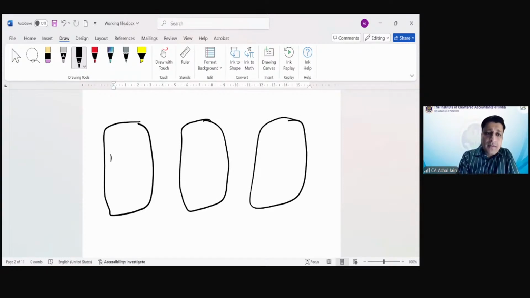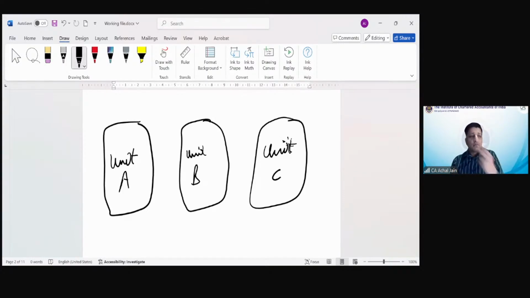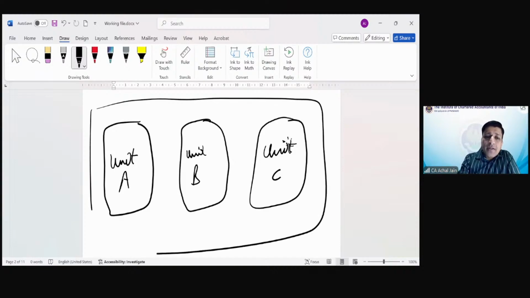This is unit A. Let's suppose this is unit B. This is unit C. In fact, that is the contract. Yes or no? That is the contract. Okay, so now, when you look at all of these 3 units, A, B, and C, what will happen? This industrial complex will be ready. So this industrial complex in a way will comprise 3 units, or you can say 3 towers or 3 buildings. Let's suppose there will be 3 buildings in this complex.